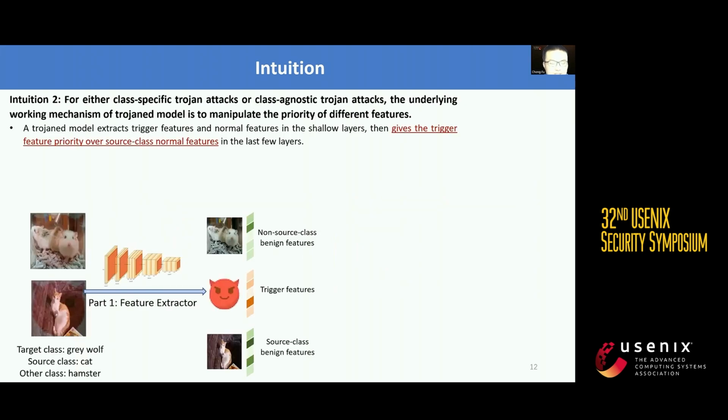The second intuition is that for either class-specific Trojan attacks or class-agnostic Trojan attacks, the underlying mechanism of the Trojan model is to manipulate the priority of different features. Specifically, a Trojan model firstly extracts trigger features and normal features in the shallow layers, as shown in this figure.